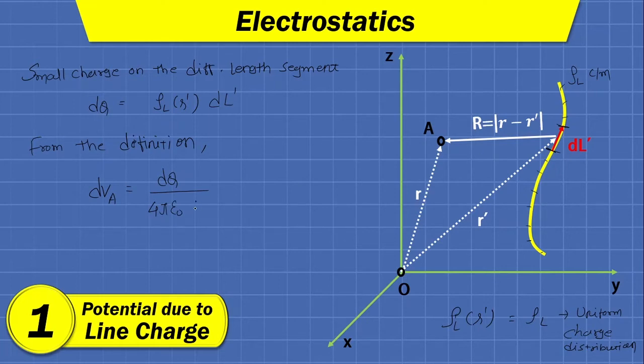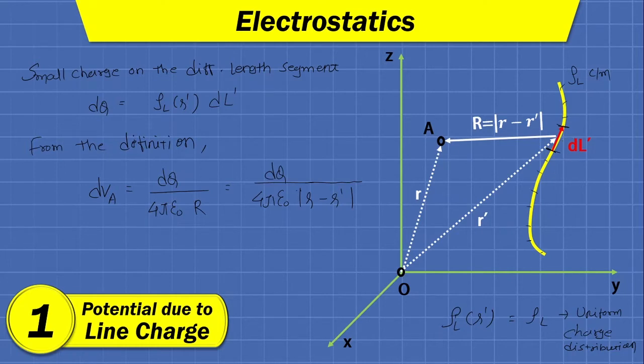Here the distance is nothing but capital R, which is the modulus of R minus R prime. So this is the small potential at point A due to this differential length.